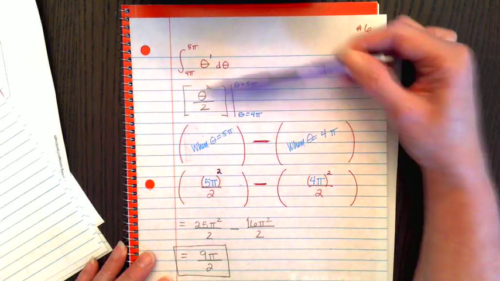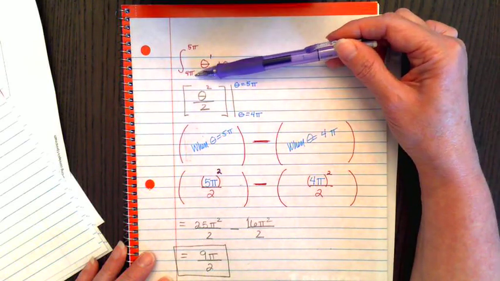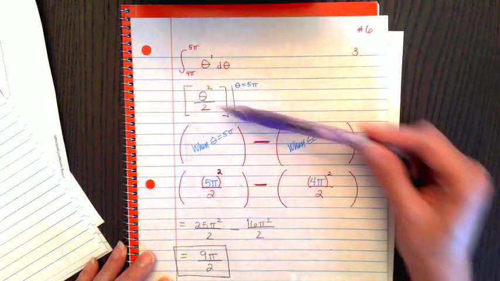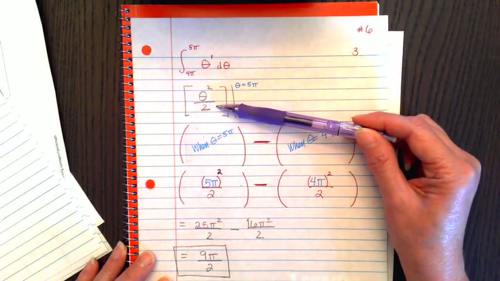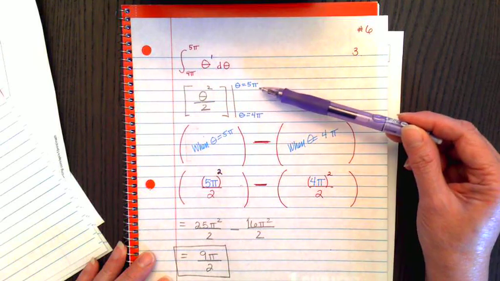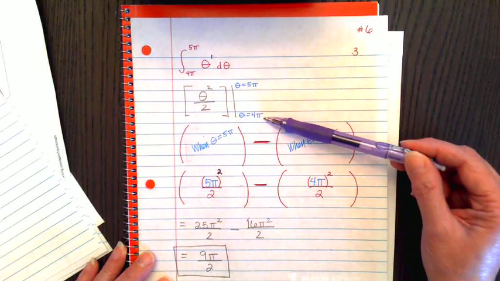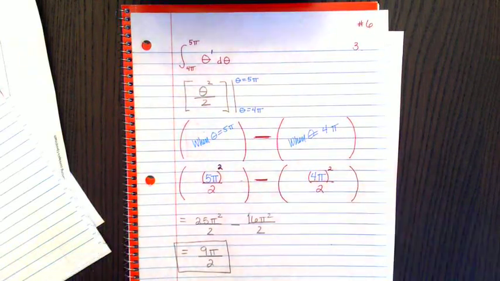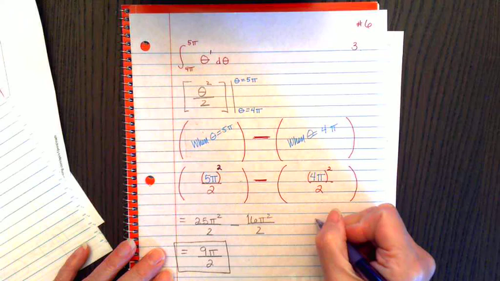But all we do is integrate to get theta squared over 2. And then we substitute a 5 pi for theta, substitute a 4 pi for theta, and subtract. I've shown the arithmetic here, and I hope that helps. Let me point out one important, not even algebra, but arithmetic piece. Notice that we don't have 5 pi squared.